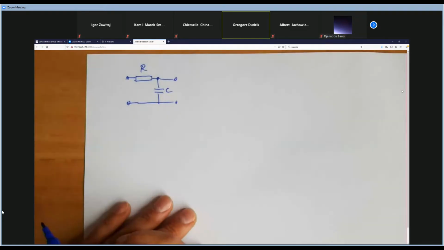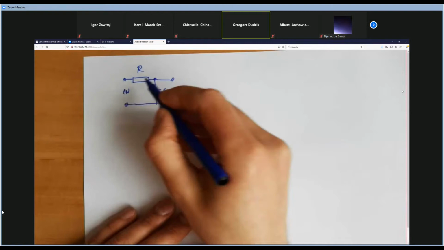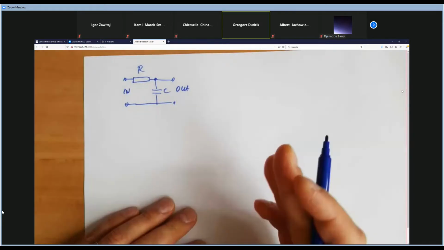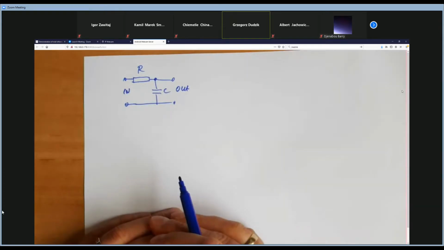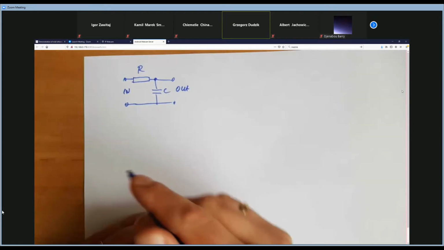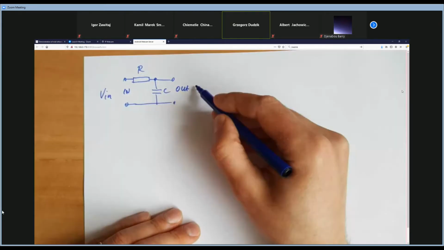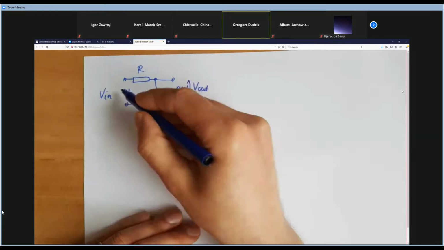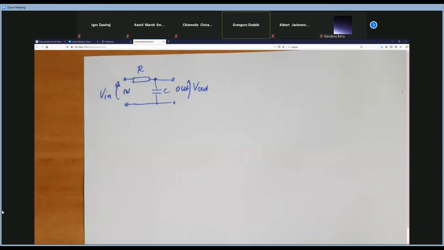This is the input, and this is the output. We've got a two-port circuit, with the input and the output, 4 terminals. This is the V in, and here we will have the V out.